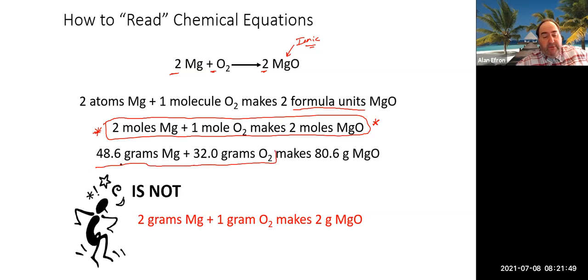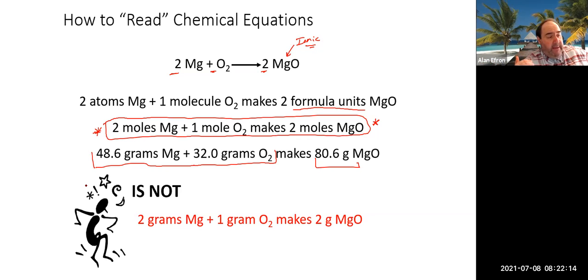We also can look at the total mass on each side. And again, we have that sort of conservation of mass, right? So if we add up the molar mass of everybody on the left-hand side and add it to the molar mass of everybody on the right-hand side, we should have the same mass on each side. And that's the basis of equations and chemical reactions when we talk about conservation of mass.